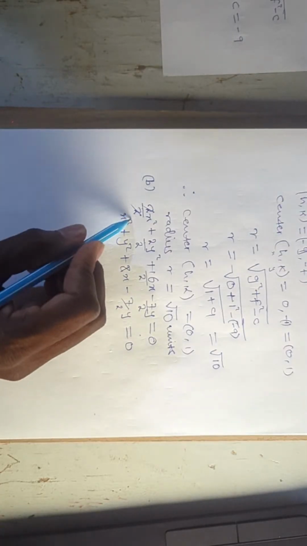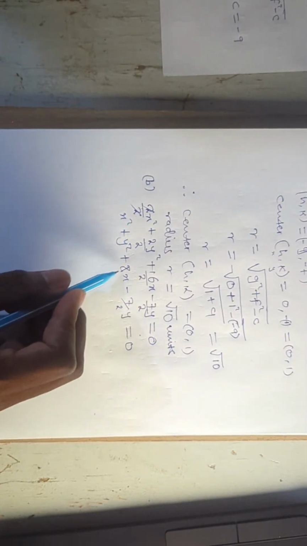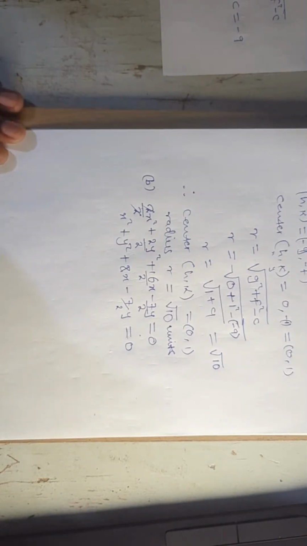It must have x squared at the beginning, then y squared. For these remaining ones, we don't care because they will just help us give the value of g as well as f.